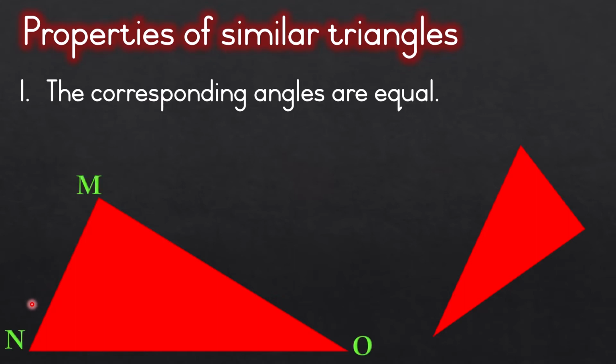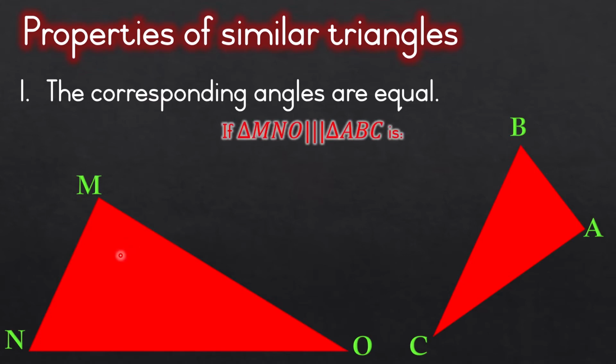Let's name this one MNO, that one ABC. So in this triangle, we can assume that this angle is the same as that one. If they've given us triangle MNO is similar to triangle ABC, these three vertical lines refer to similarity.